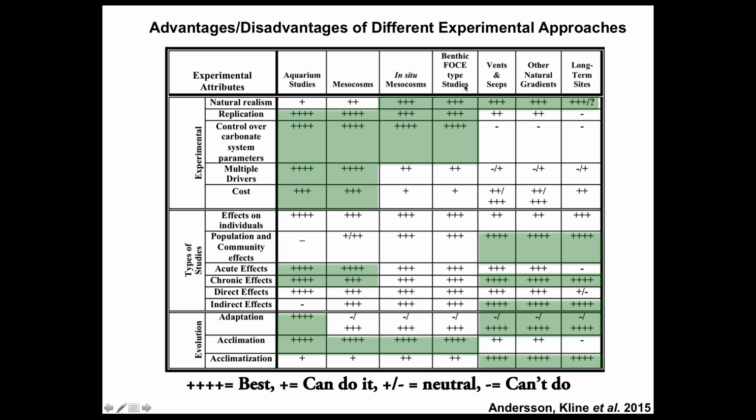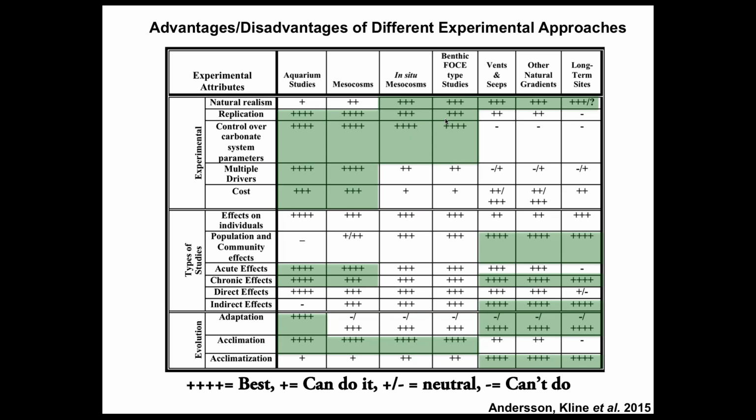When we move to benthic FOS type studies, again, they're more realistic. They can be good for replication, but that is totally dependent on your budget. So typically, in my experience with FOS systems, you run them with a minimal number of replicates because of the time and cost involved.